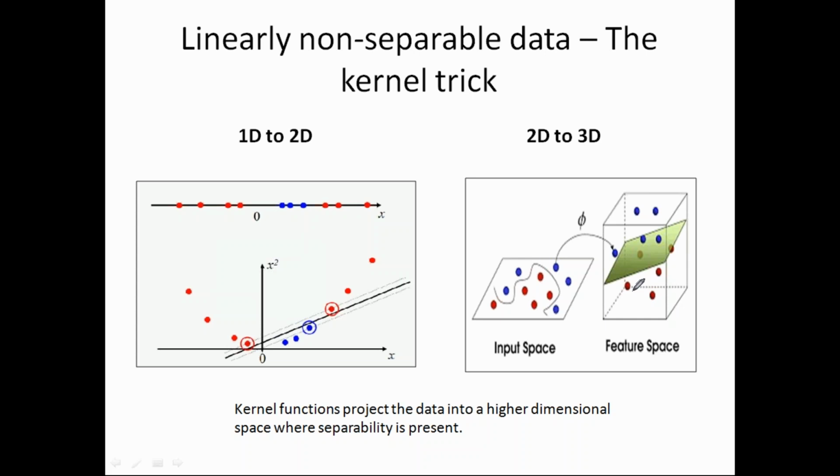So I told you there are three famous kernels: polynomial, radial basis function, and Gaussian kernel. These are the three kernels which are very famous.